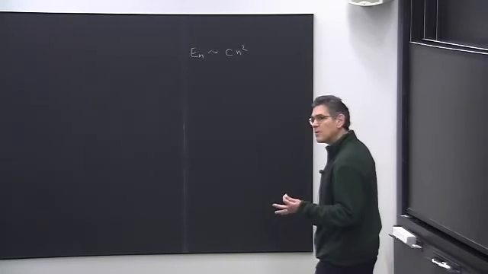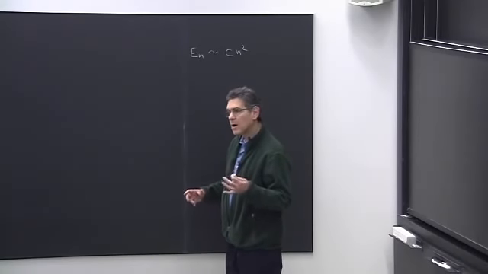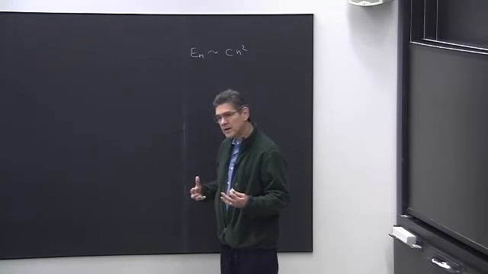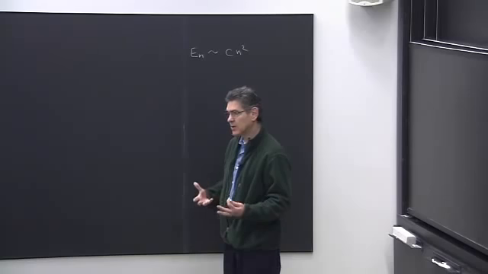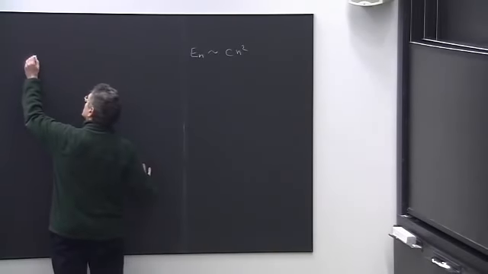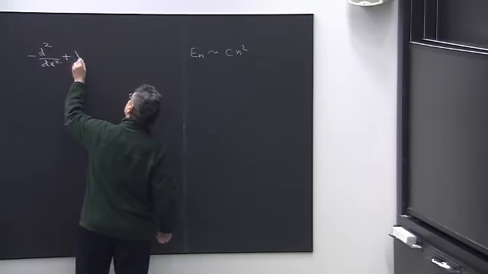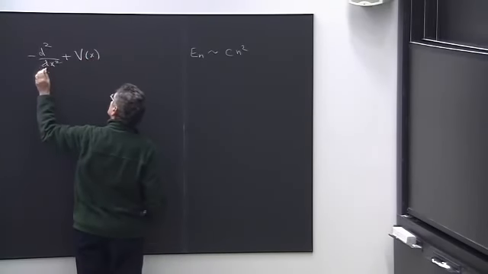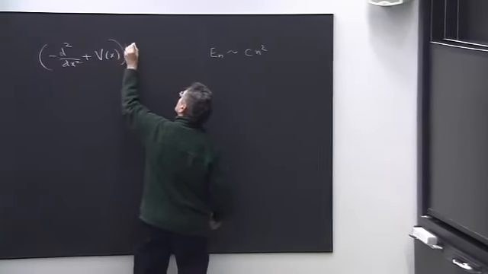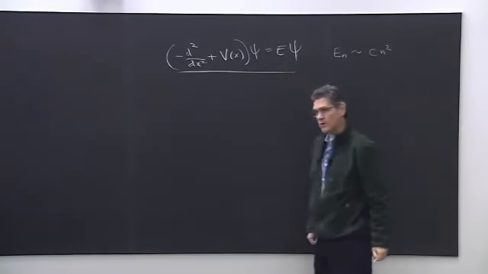So the problem that we're going to look at is the problem of finding the energy levels in a potential well. This is the standard eigenvalue problem. So we have a differential equation, a Schrodinger equation. Okay, that is the Schrodinger equation.